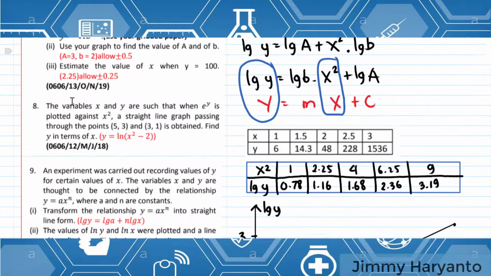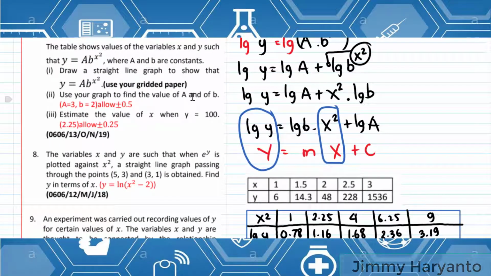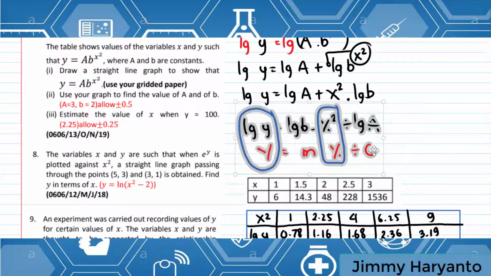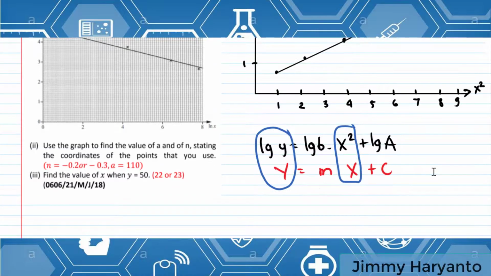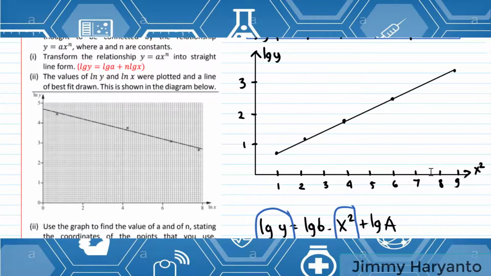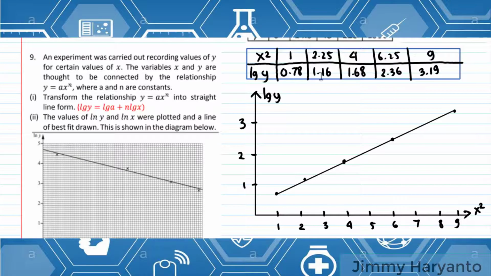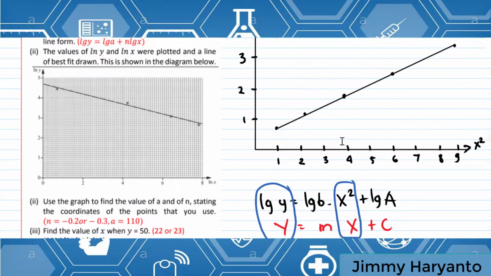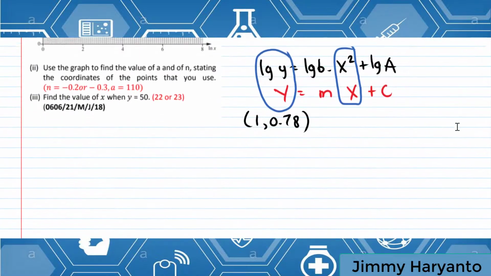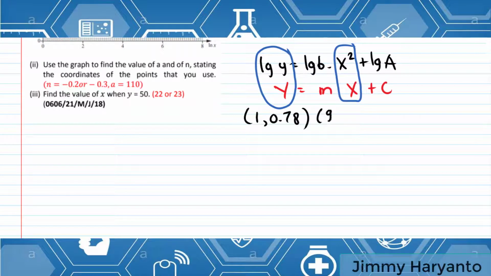After this, the question wants us to find the value of a and b, so we have to find this one. I will copy this first. So we have to find the gradient. I will use the first point and the last point. The first point is 1, 0.78, and the last point will be 9, 3.19.